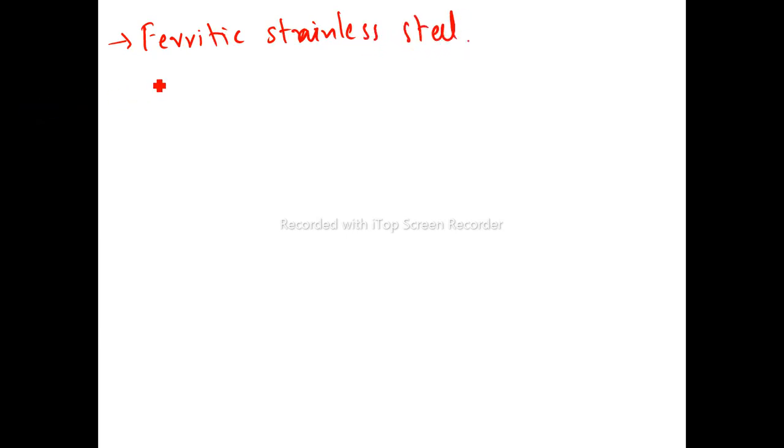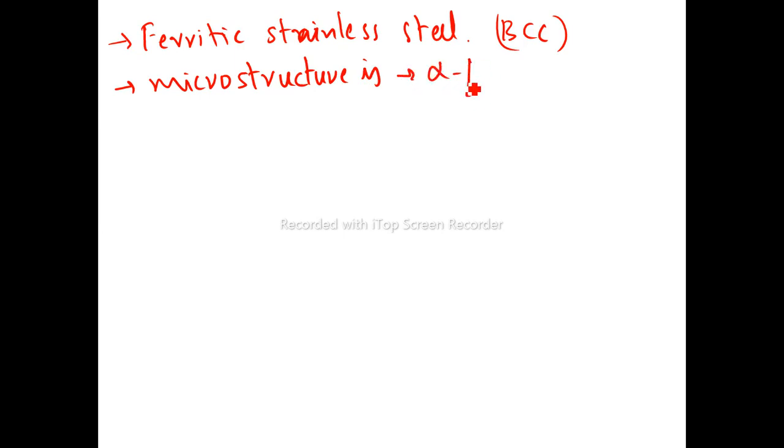It has a BCC structure and the predominant phase in the microstructure is alpha ferrite.